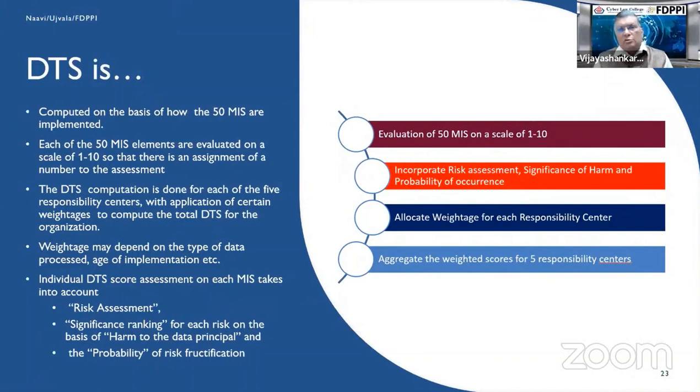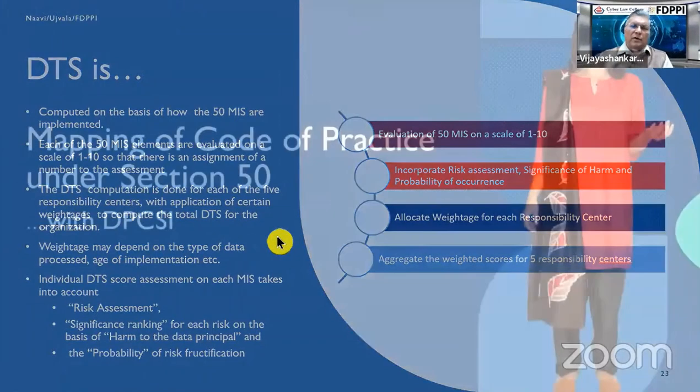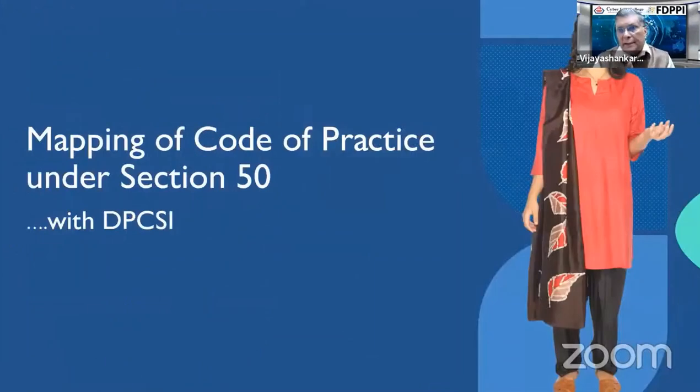Then you also have to assign, of course, the probability to understand the risk fructification. With all those things, you come to an evaluation between 1 to 10, whether for a particular MIS you should give 3, 4, 5, 6, 8. That depends upon this risk assessment. Having done that, you come up with the aggregate DTS and then apply the weightages and then go ahead.